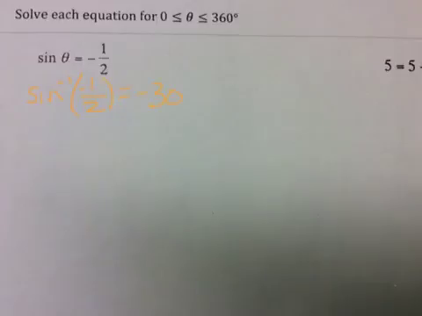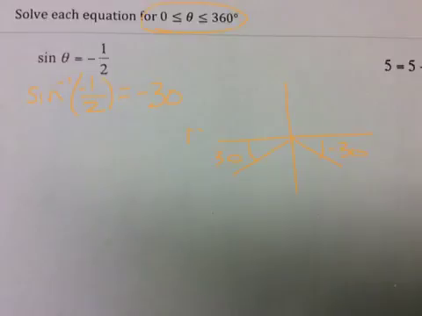Okay, and the directions specifically said the angles are going to be from 0 to 360. So -30 is not going to work for us. But let's look at -30 right here and figure out where else we can draw an angle with the same sine. Sine's the y, so I know that I can draw an angle in quadrant 3 of 30 degrees, and it will have the same y coordinate.